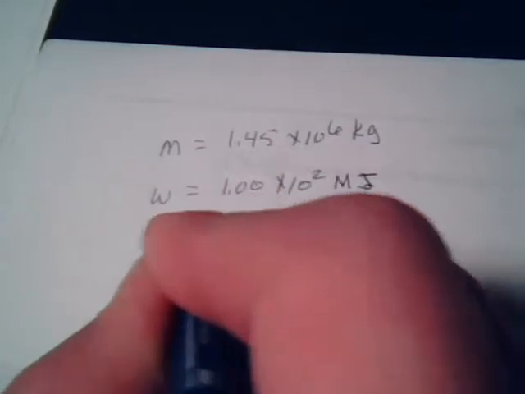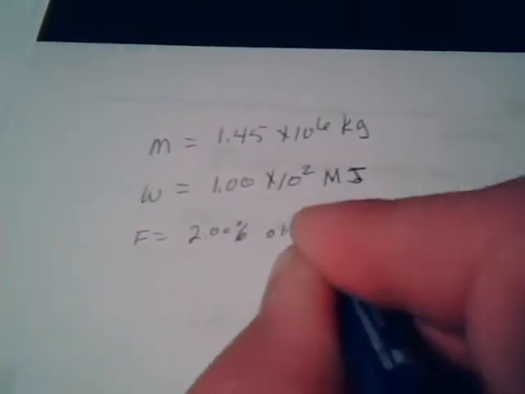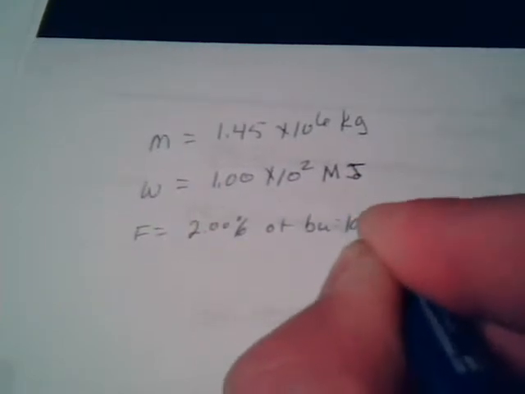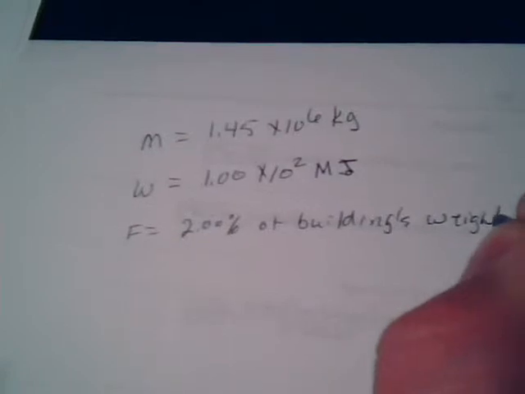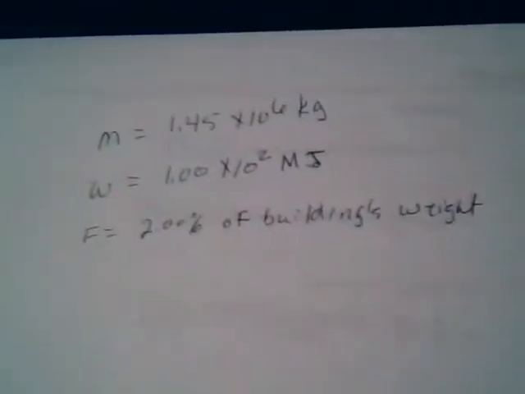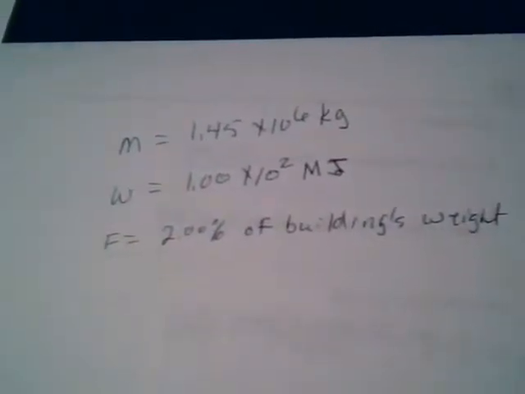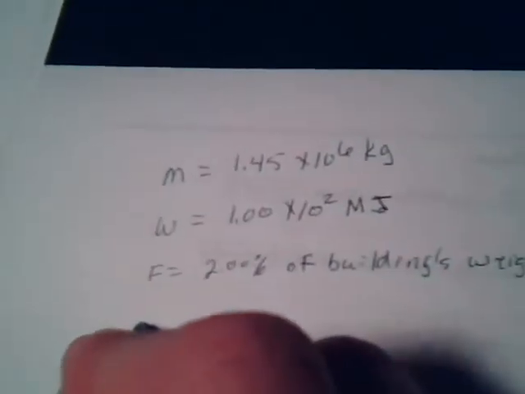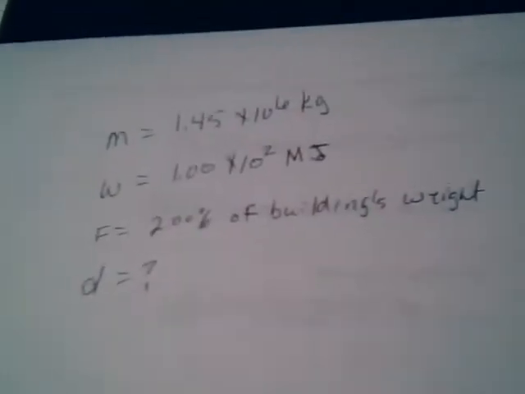Force is 2% of the building's weight. So that's what our force is. How far was the building moved? So how far, we need to know a distance of some sort.